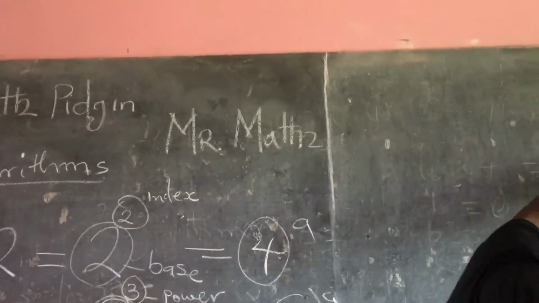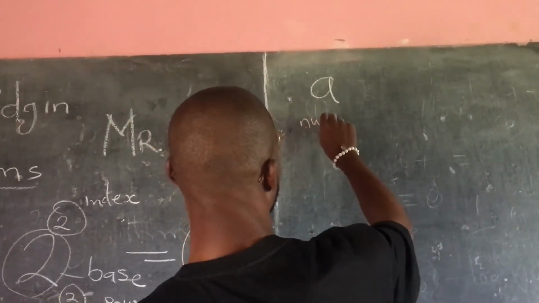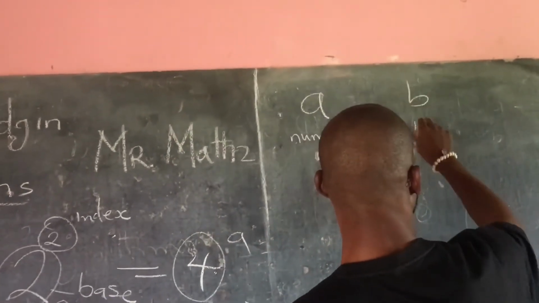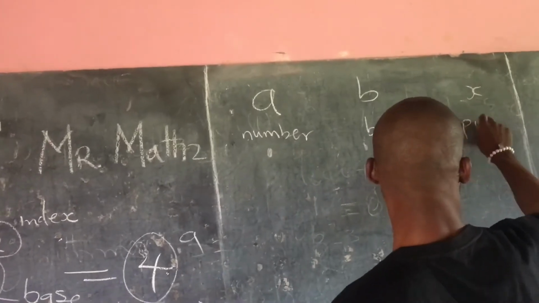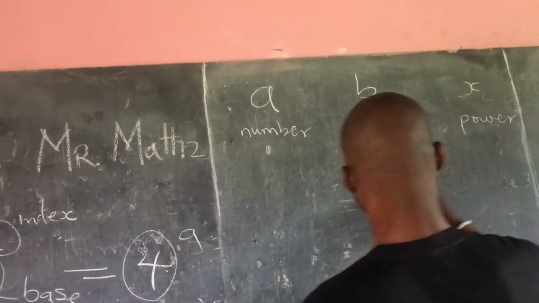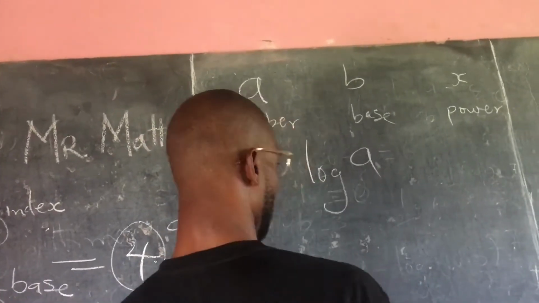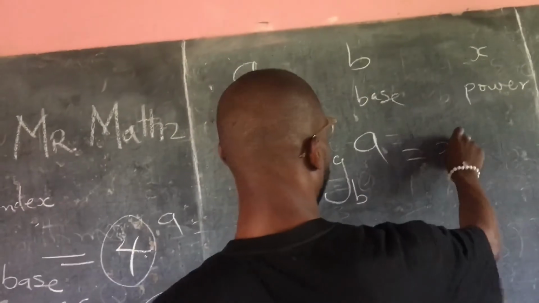For this my definition, now we say we get first the number, and then we get b base, and then we get x in power. Abi? So the log of a now so we dey write am to base b na x.